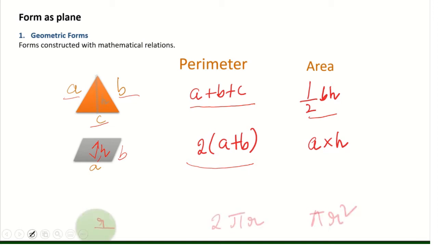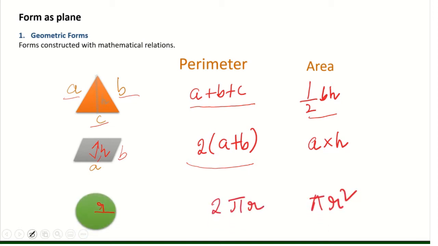If we consider a circle, as we know the perimeter is 2 pi r, and its area would be pi r squared. So these are some of the geometric forms in planar form.